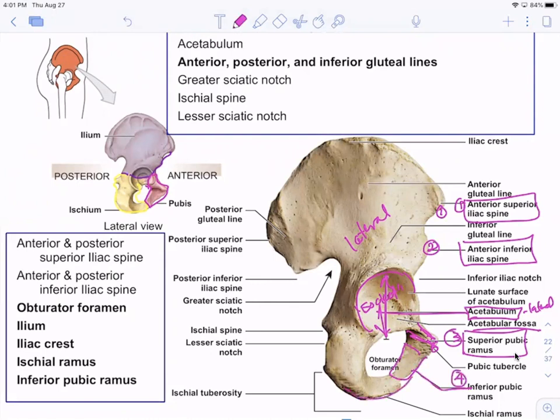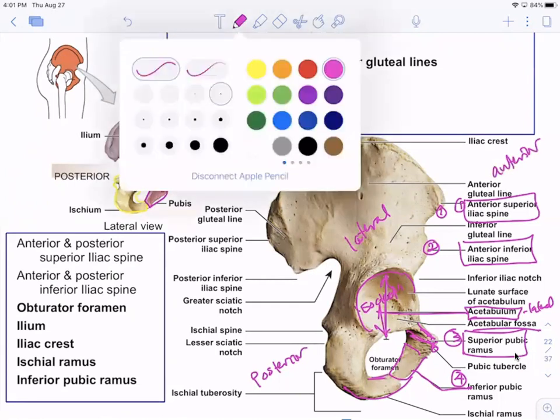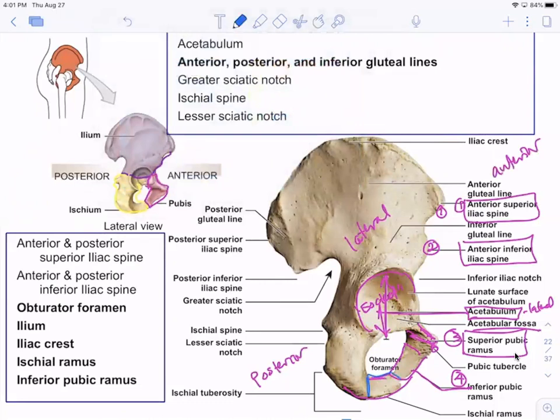And then you come around to the posterior side. So this is posterior, and this is anterior. And this lower part, and I'll change color so you can see, this is the ischial ramus. So ramus is a strip of bone, and the ischial ramus and the inferior pubic ramus make up this lower part of the obturator foramen.